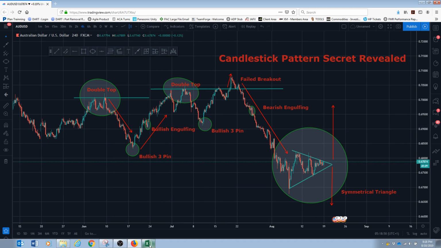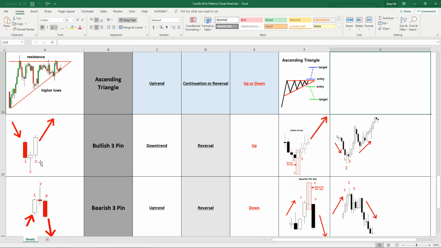So that's this guy here. What happens is price is coming from above and coming down, down, down, and then I see this. See that wick there? That's what they're calling a pin. So that's pin 1, pin 2, pin 3. So this is called the 3-pin formation. So what is this telling you?